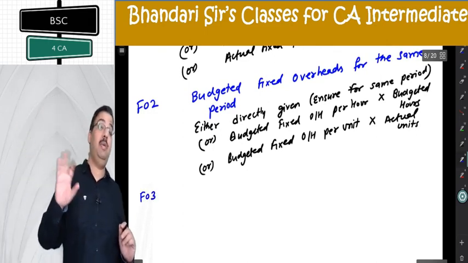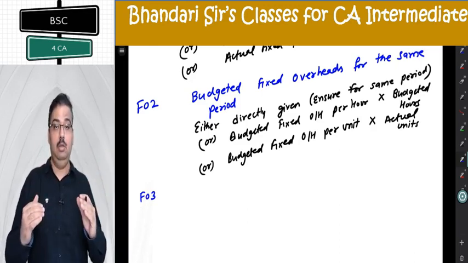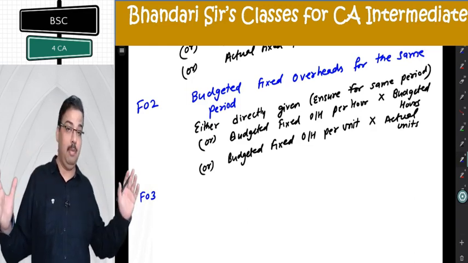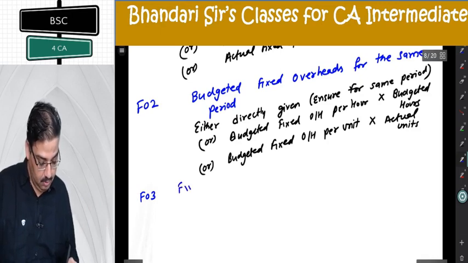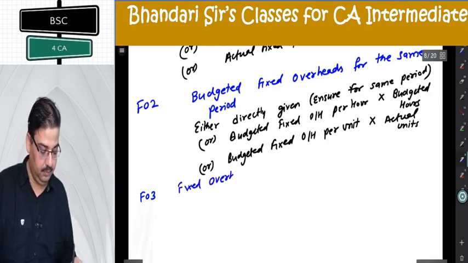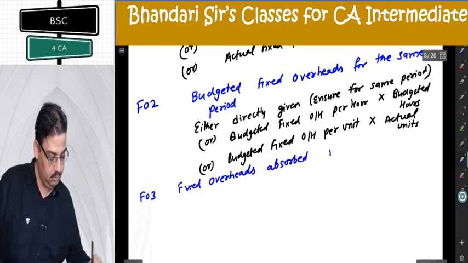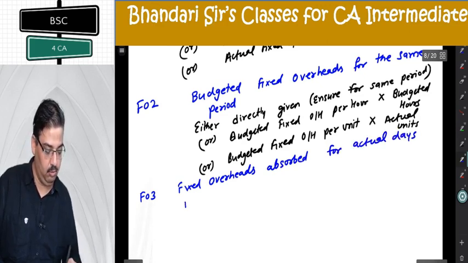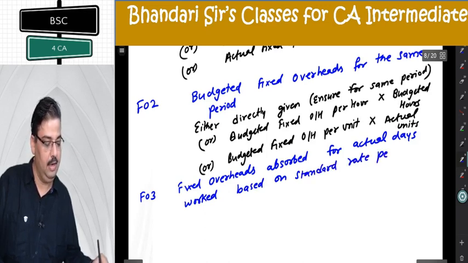What was it? Days based absorption. But you need to remember the header. There are 3 stages, 3 different parts of the header that you should remember. Fixed overheads absorbed for actual days worked based on standard rate per day.